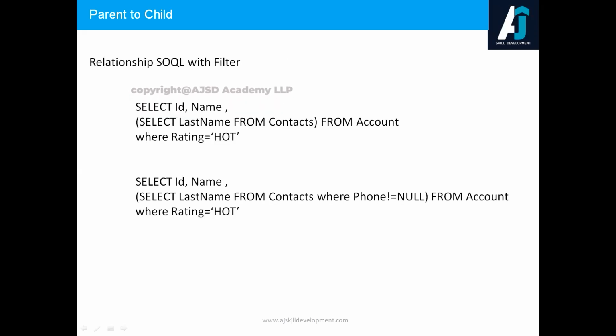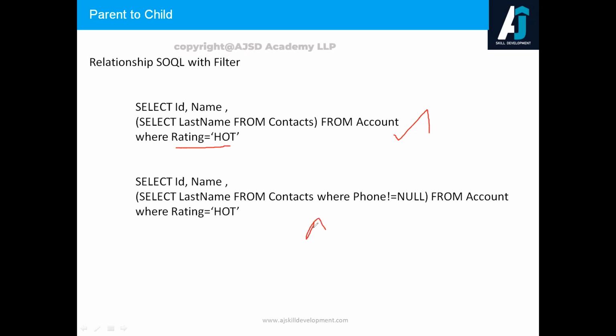So the next question is, is it possible to apply filters in the relationship SOQL? The answer is yes. For example, you are seeing a snippet here. This particular snippet is trying to fetch information from account records whose rating is hot. For all the account records whose rating is hot, the SOQL will fetch that information along with its relevant contacts.